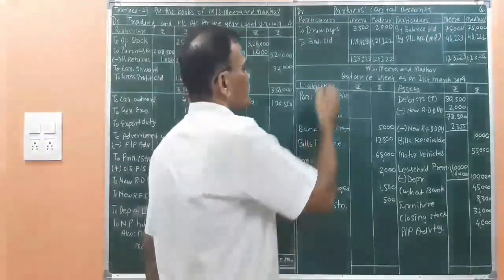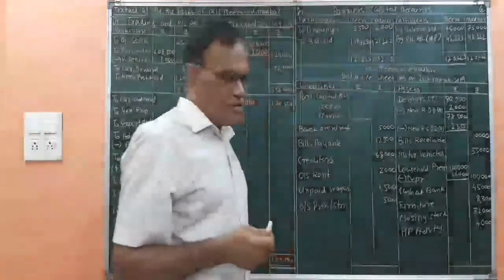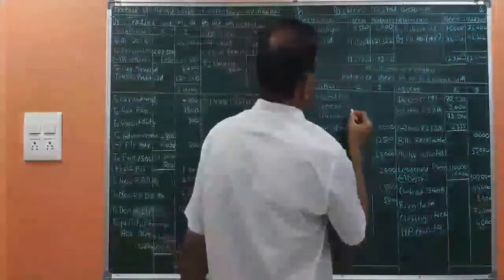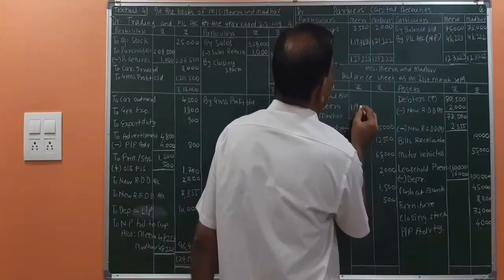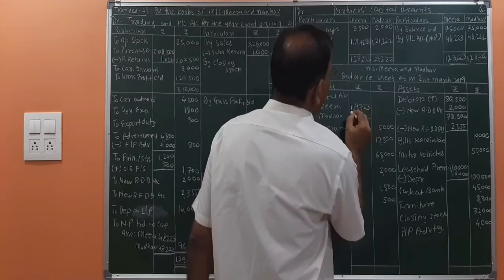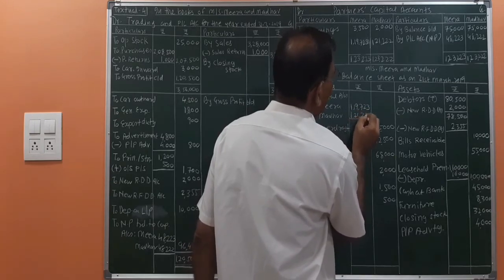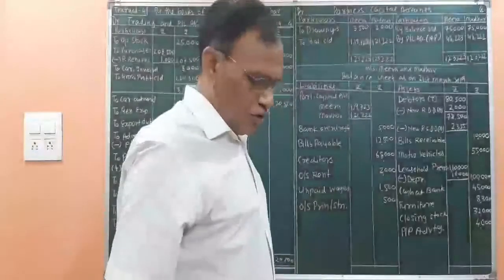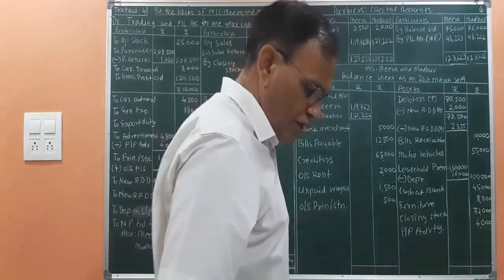These totals, this is a credit balance, so that we are going to show again here: 119,723 and 121,222, and the total of both of these.